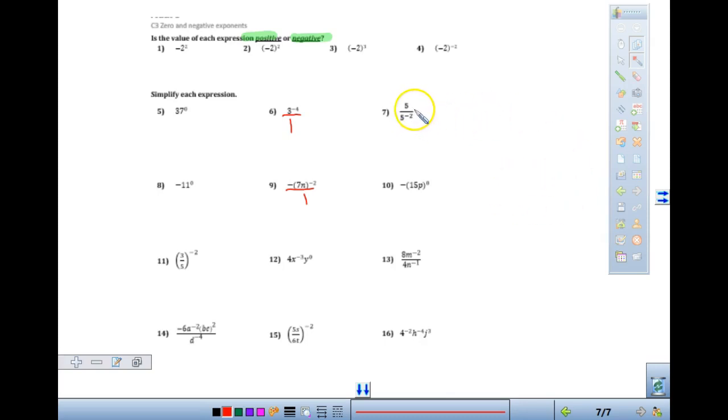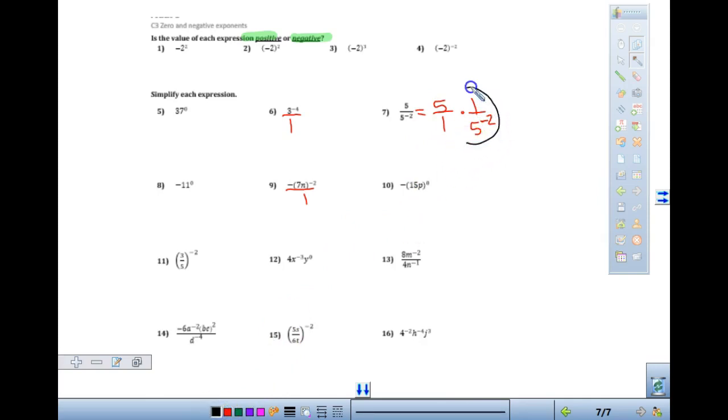Let's look at number 7 together. Number 7 seems to give people problems. I'm going to write it out like we did before in our notes. We're going to go 5 times 1 over 5 to the negative 2. I just think this way of writing it helps to break down the problem. So when we look at this, which one do we need to move? Where's our negative exponent? This negative 2, right?